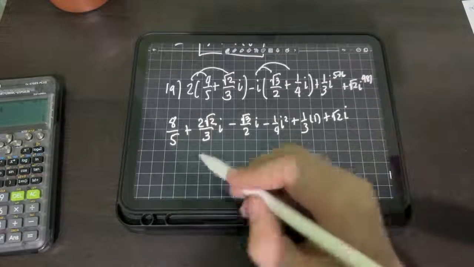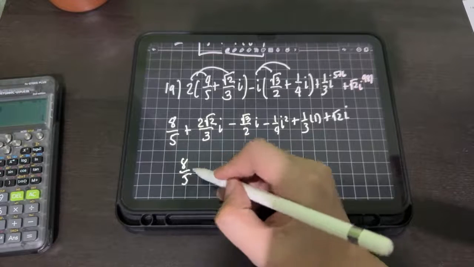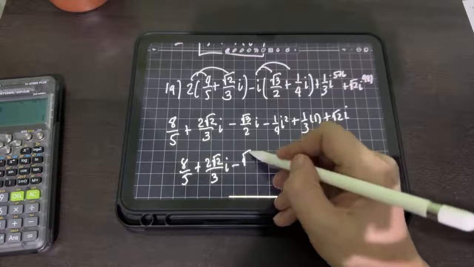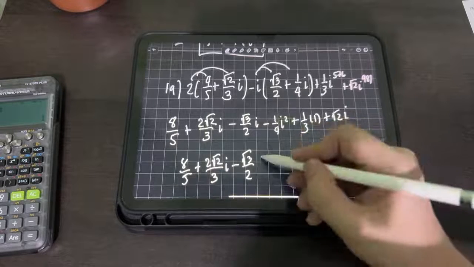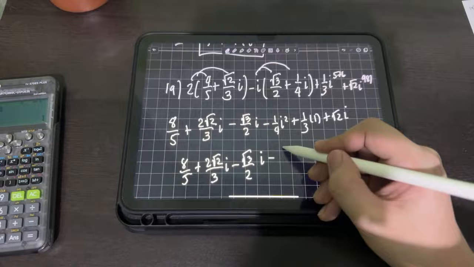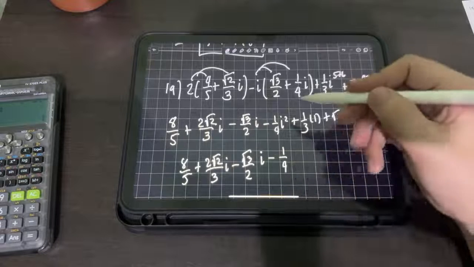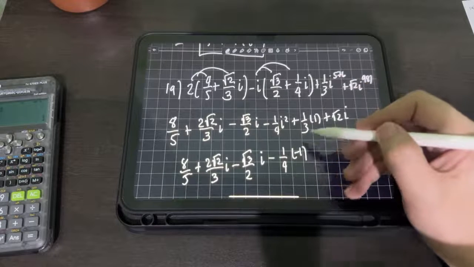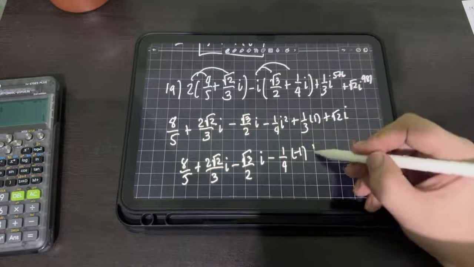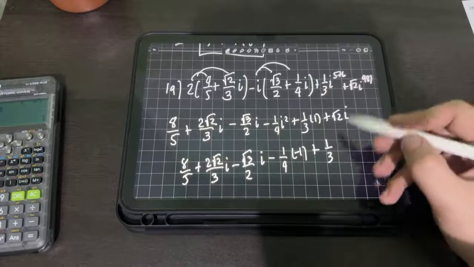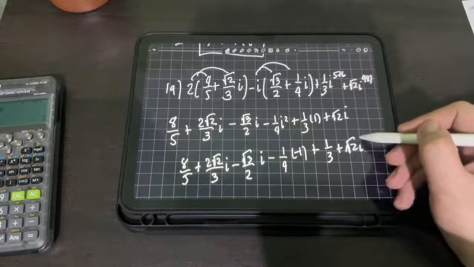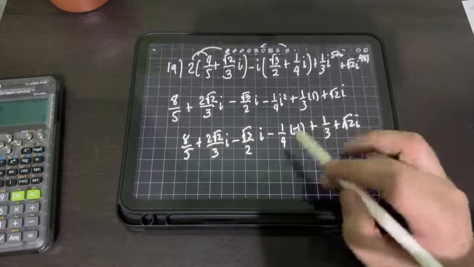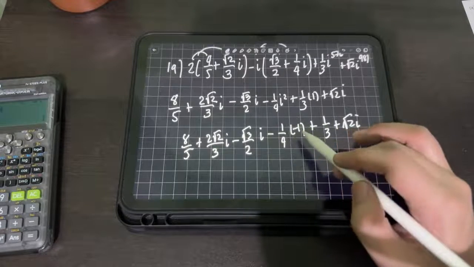So simplifying, we will have 8/5 plus 2 square root of 2 over 3 i minus square root of 3 over 2 i minus, okay, negative 1/4 i squared is negative 1. Okay, plus, so 1/3 times 1, 1/3 plus square root of 2 i. Copy. So this will be, okay, let's simplify this to negative 1/4 times negative 1.